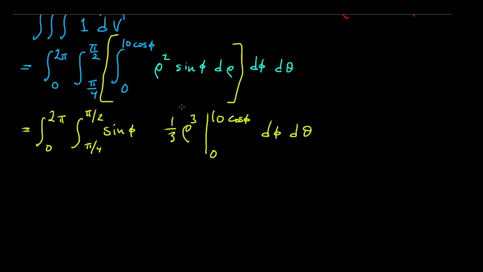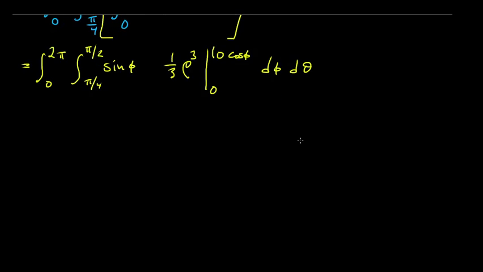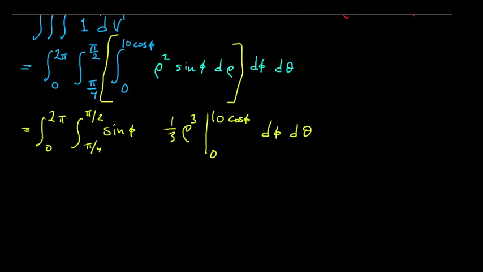That's the theta integral, and from pi over 4 to pi over 2 is the phi integral. The 1/3 is just a constant that can come outside.